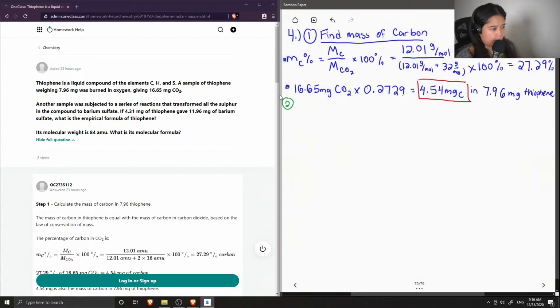Now for part 2 of the question, we want to find the mass of sulfur now. Okay, so to do this, we're going to do something similar. We want to find the mass percent of sulfur in barium sulfate. So the mass percent of sulfur is equal to the molar mass of sulfur divided by the molar mass of barium sulfate.